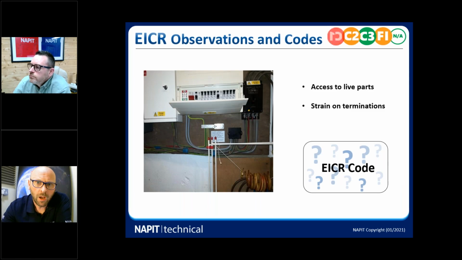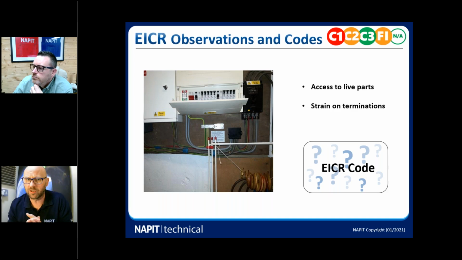Next up. Okay, this one's quite straightforward, really. You can see, not sure if that's an old voltage trip there on the right-hand side, Frank, but some sort of device where the terminal cover's been left off at the bottom. And we've also got strain on the terminations on the meter tails. Now, I think it was with the 18th edition, a note went alongside the regulation that talked about cables must be protected against strain.